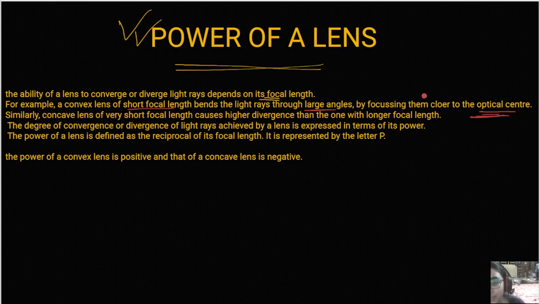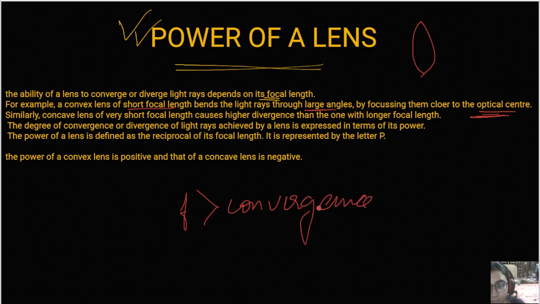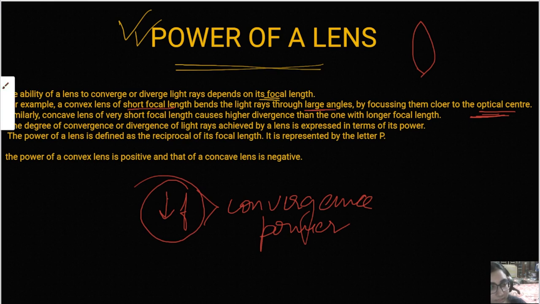Since you know that convex lenses, biconvex lenses, or just convex lenses in general, are converging lenses, what it means is that the shorter the focal length, the more will be the convergence power, the power of the lens to converge.